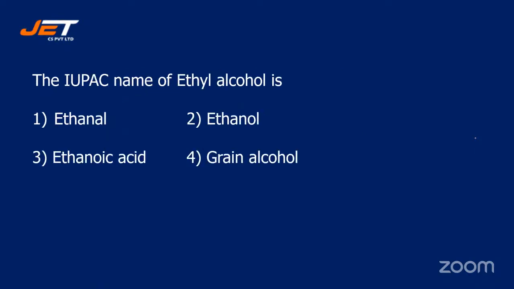Next question. The IUPAC name of ethyl alcohol is, and your options are number one, ethanol, option number two, ethanol, option number three, ethanoic acid, or option number four, grain alcohol.